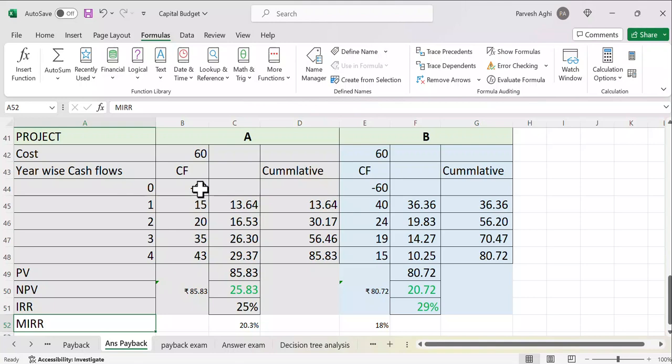Just try to calculate these numbers yourself and see whether you're getting the numbers. Up to the NPV, just calculate up to the NPV. You're getting 25 here, 20.72 here. So according to this, this project should be done and this should be left, because the projects are mutually exclusive, because they are serving the same purpose.